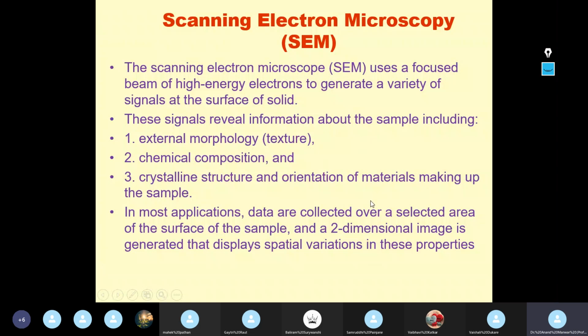What is the use basically? The scanning electron microscope is normally used to study external morphology, that is, what you can say the texture of a chemical or a specimen sample. It can be anything. It can be a stone, a rock, a chemical, or it can be a biological specimen sample also.